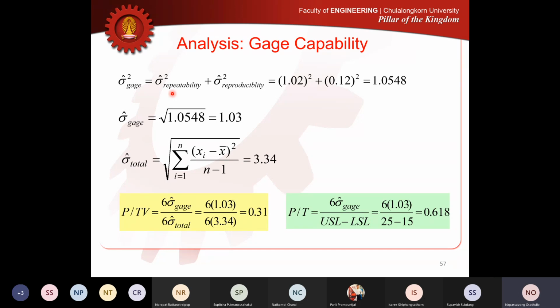Those are the things you have to find out as the reason for sigma repeatability, and then you can fix that cause. Then sigma repeatability will be reduced, and you will get the P to TV ratio to be at some number which is acceptable. That is the approach for making improvements.